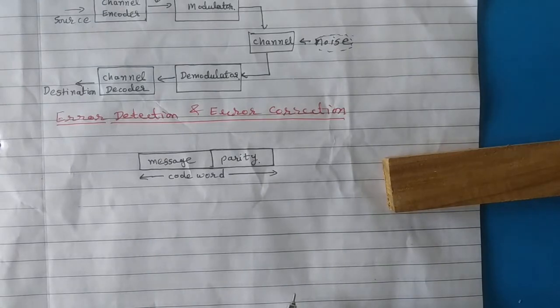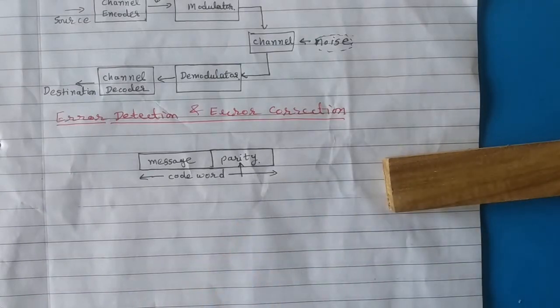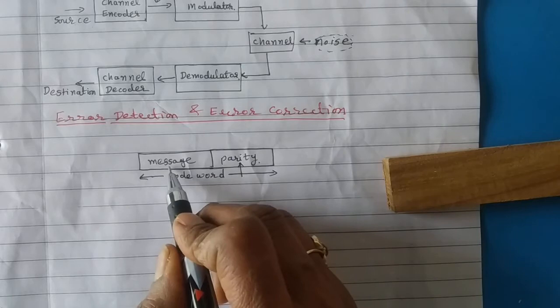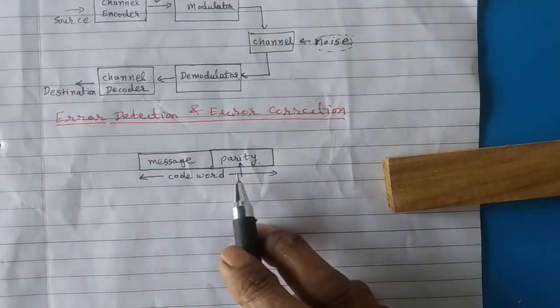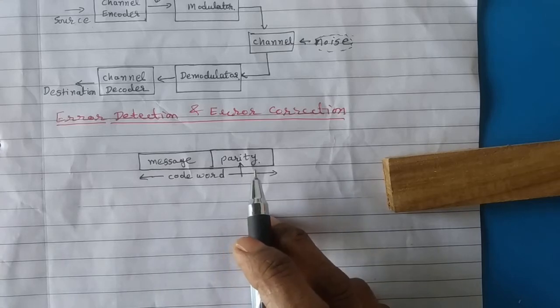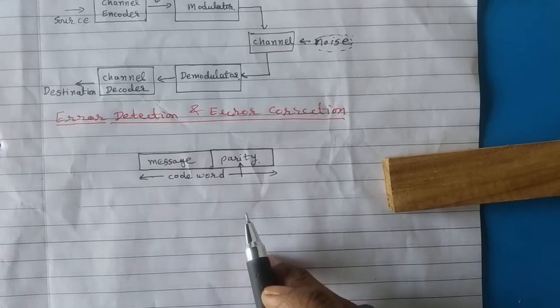So for the detection and correction of the error which may occur due to noise on the communication channel, these extra parity bits are added with the message bits at the time of transmission. These bits actually allow the detection or sometimes the correction of the errors.